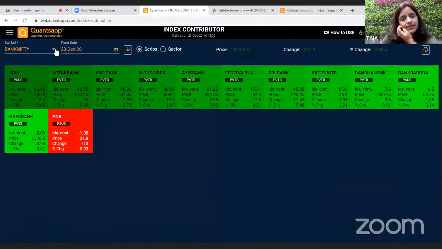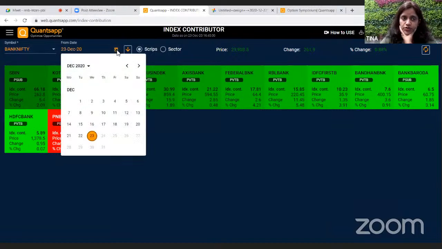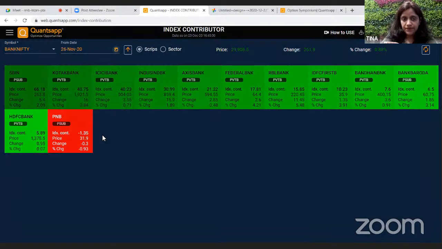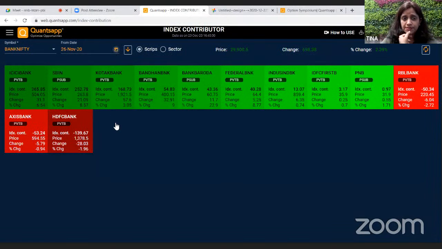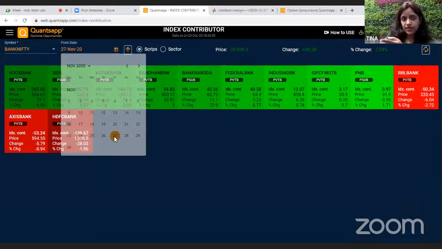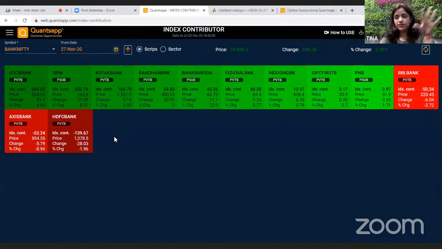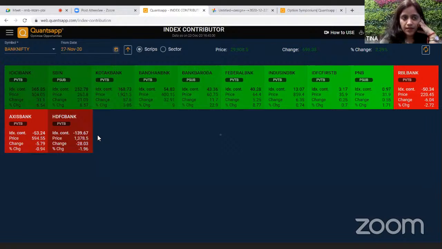One interesting thing I love in the index contributor is that you can find the contribution from any custom date. Say since last Thursday, the December expiry was on 26th November, right? So I pick the 27th, the first day of the next expiry, and it takes that day's contribution into account too.